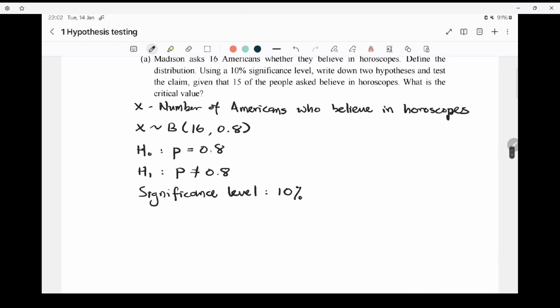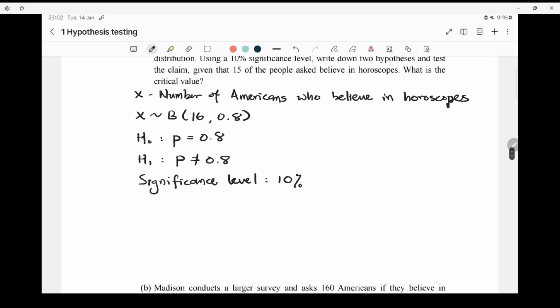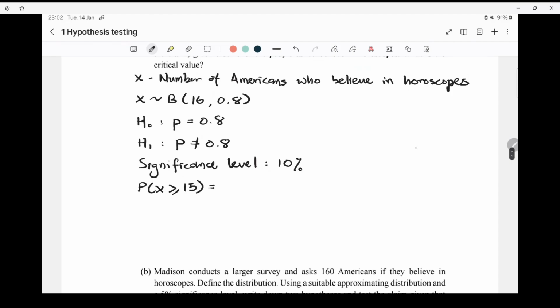So given that 15 of the people believe in horoscope, what is the critical value? So now P(X greater or equal to 15). Over here, I'm basically performing something like this.